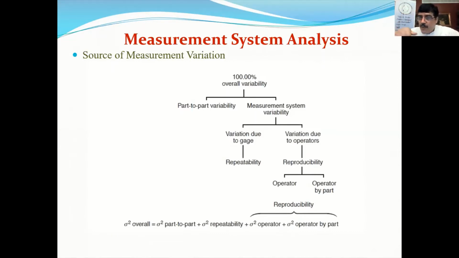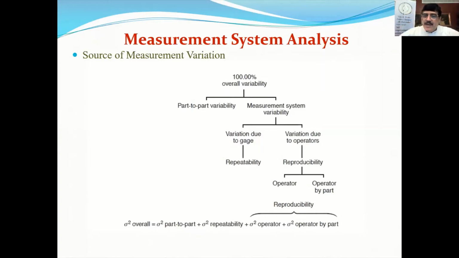If we take our weights, of course, my weight is different than your weight, and so on. So there is a difference coming from the part itself. They call it part-to-part variation or variability. But there is also variability that is coming from the measurement system itself.